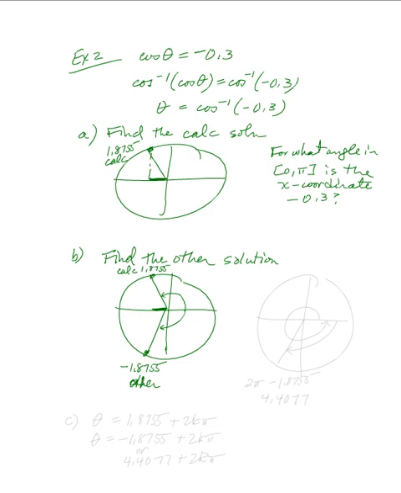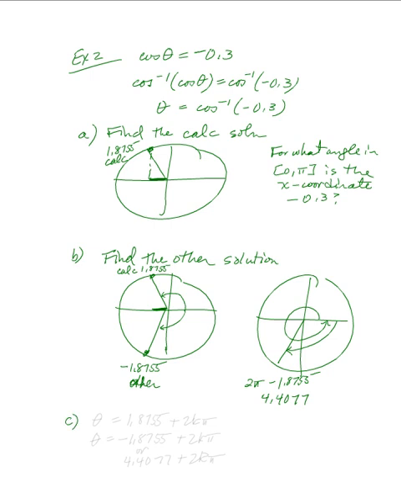Some people like to have that as 2 pi minus that. So though it could be called negative 1.8755, another coterminal angle would be just to add 2 pi. The thought on that visually is that you go 2 pi and then back up 1.8755, so you'll be here. That would be 2 pi minus 1.8755, and that would give you 4.4077. So whichever way you call it is fine.